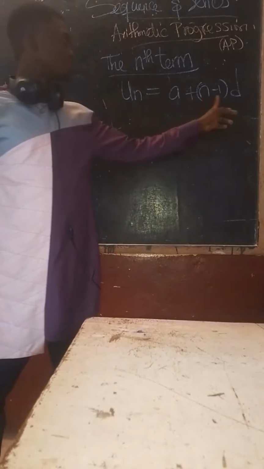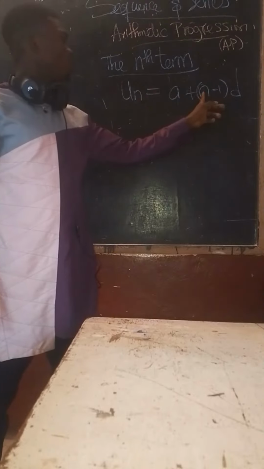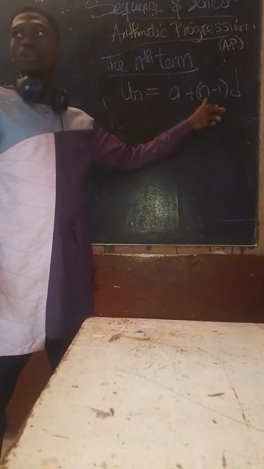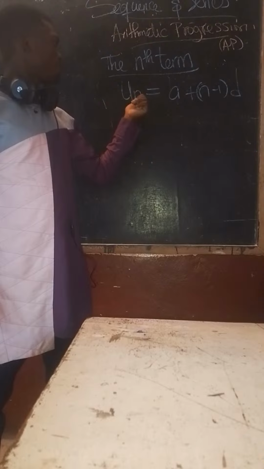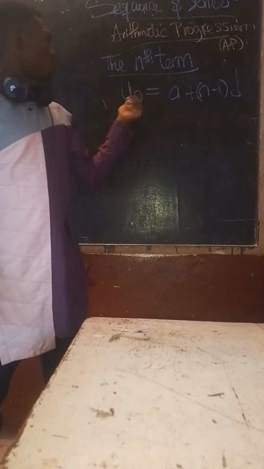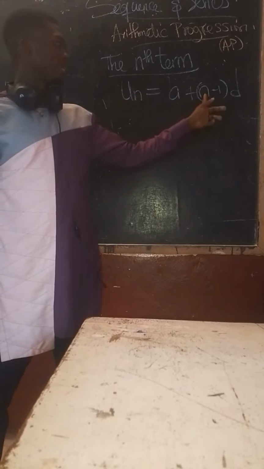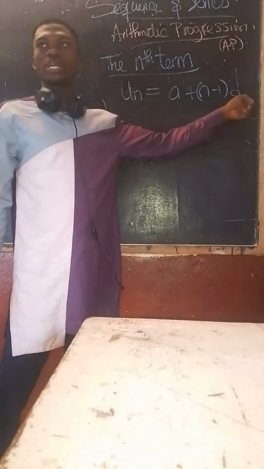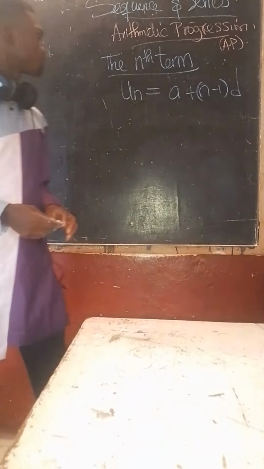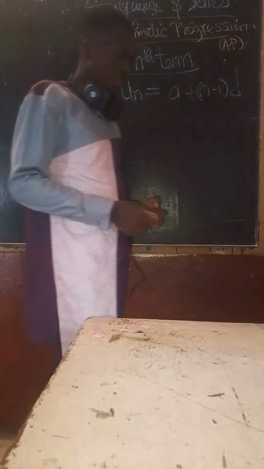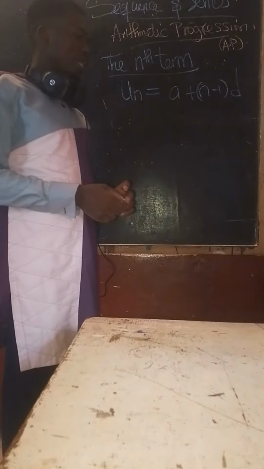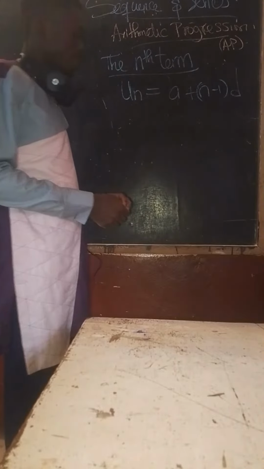The number of terms, or the position of the term. So if we are talking about the 9th term, we have 9 here. d stands for the common difference. So the end term of an AP is Un equals A plus n minus 1 d.